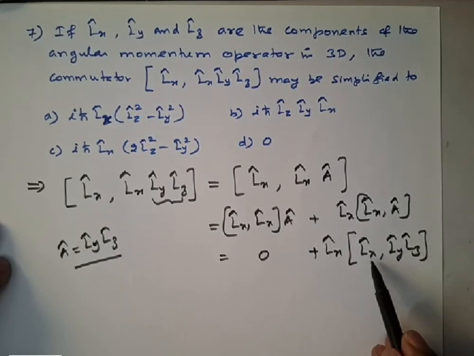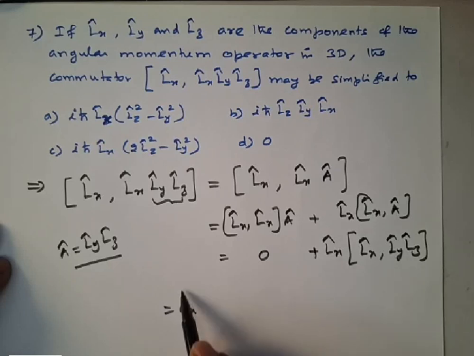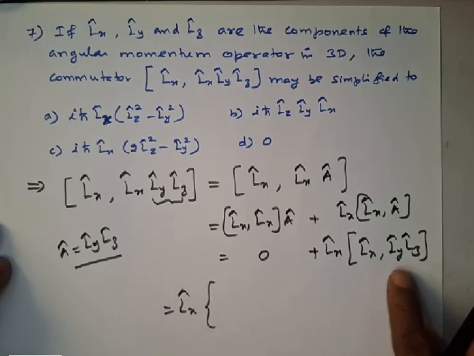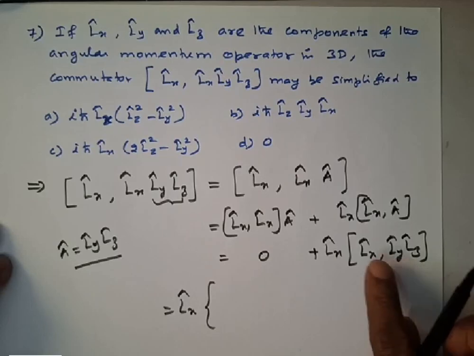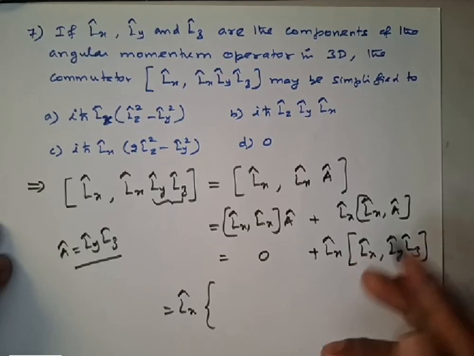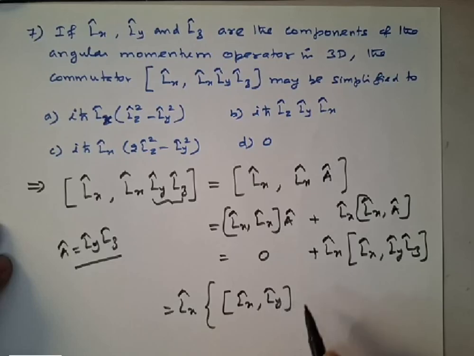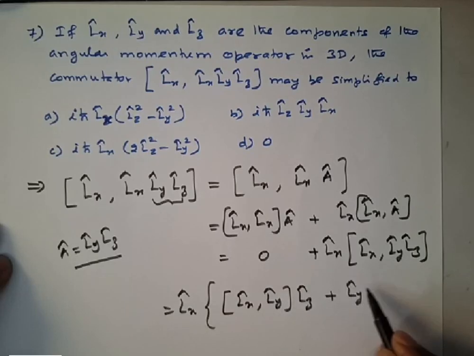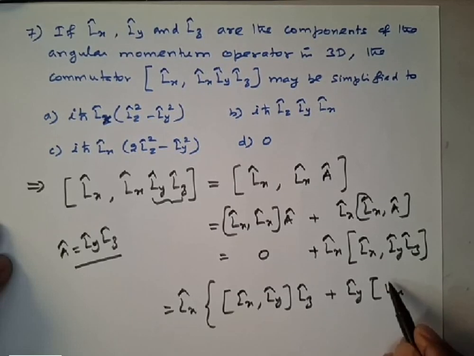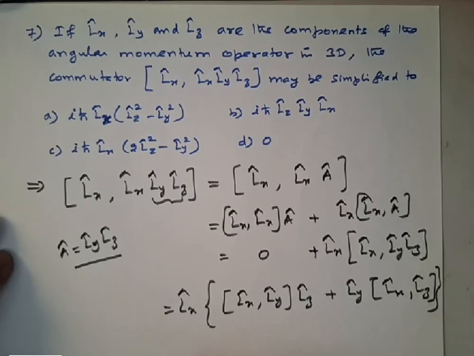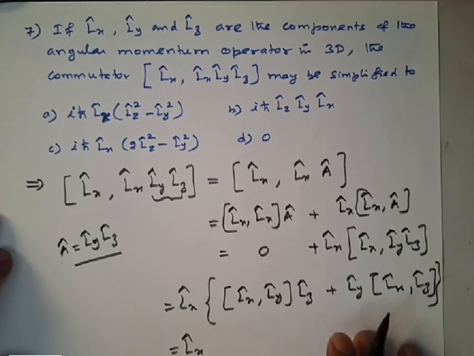Again see this A comma B into C. So apply the formula again. I'll keep this Lx as such. Now I'm going to simplify this commutator. Lx comma Ly Lz, apply the A comma BC formula. So Lx A comma B into C, then plus, keep the B outside, A comma C. Now keep this Lx operator as such.